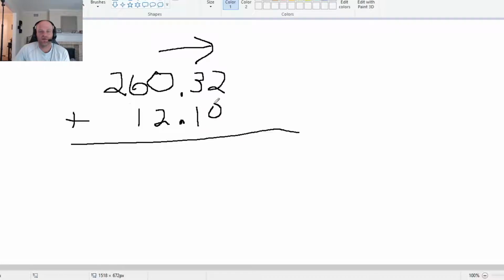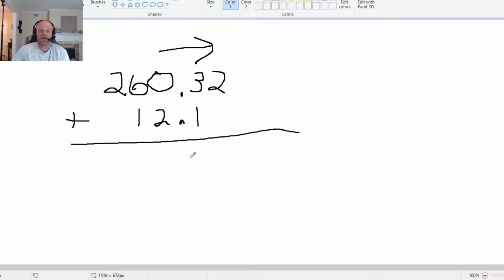If this was 12.10, they'd stop at the same place. If this was 12.100, that makes this one the end. So wherever the least precise digit is, that's where you have to stop after you do your addition and subtraction.